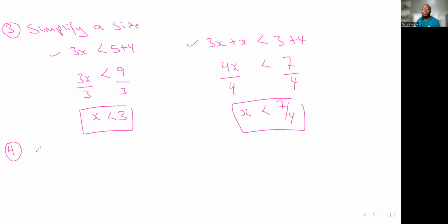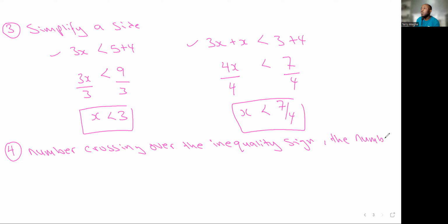So when a number is crossing over the inequality sign, the sign of the number will change, but the direction of the inequality will not change.